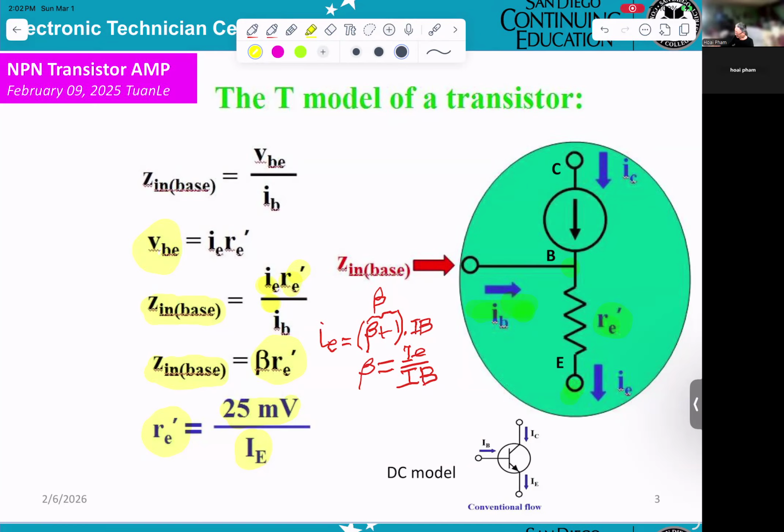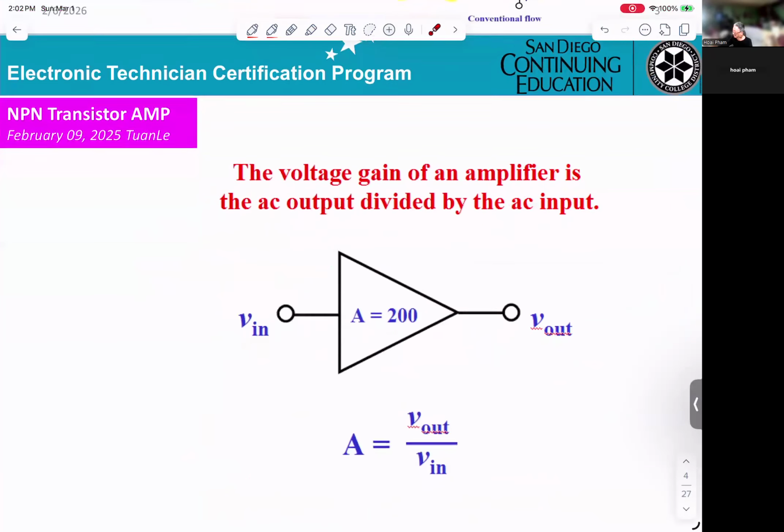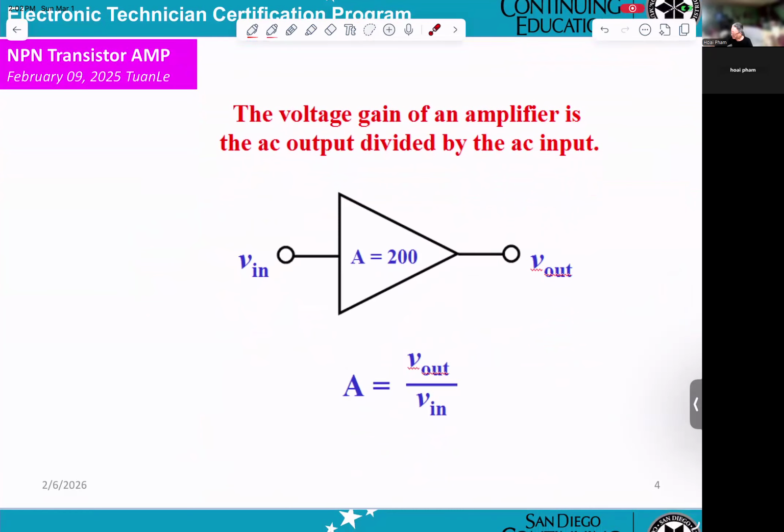We're not using the DC model anymore. This is the DC transistor, and for AC, you see this transistor. Now, the voltage gain of an amplifier is the AC output divided by the AC input.